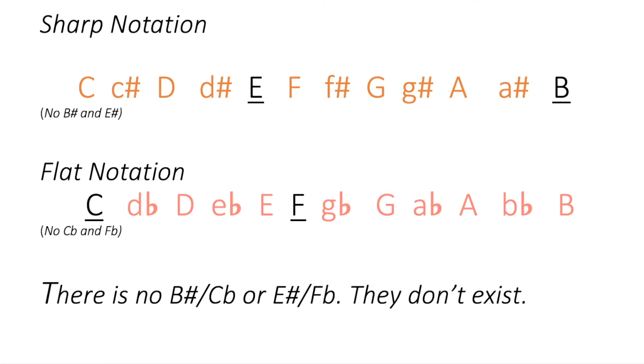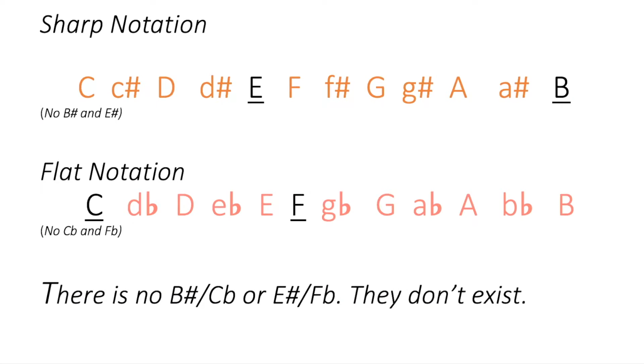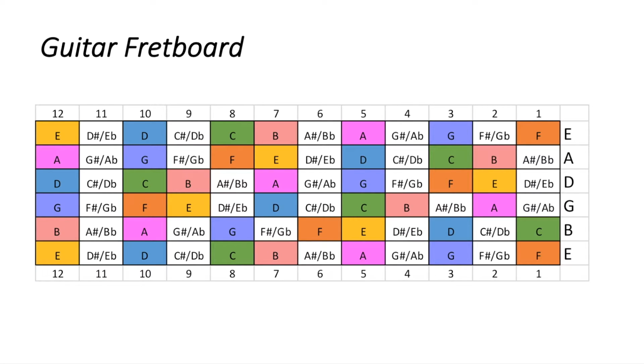After F sharp it would be G, and after G it would be G sharp or A flat. You just have to remember this flow so that you can form the notation on your own. But this is the pictorial representation.